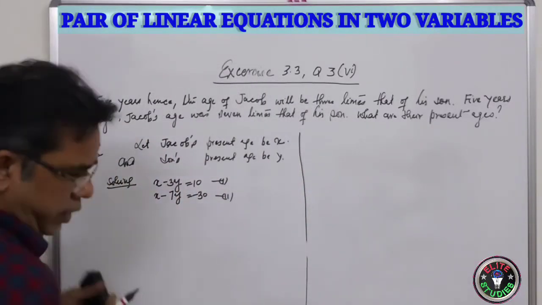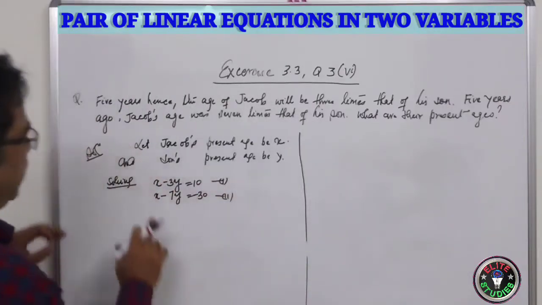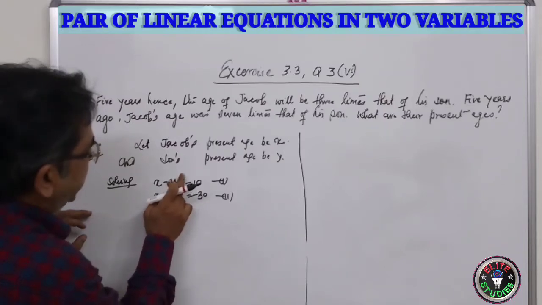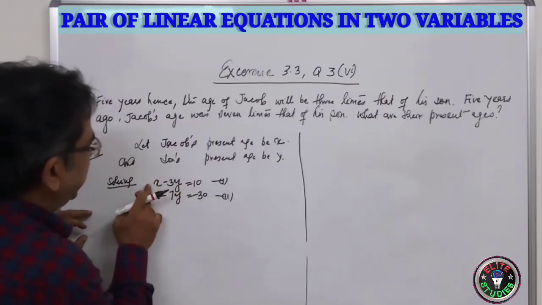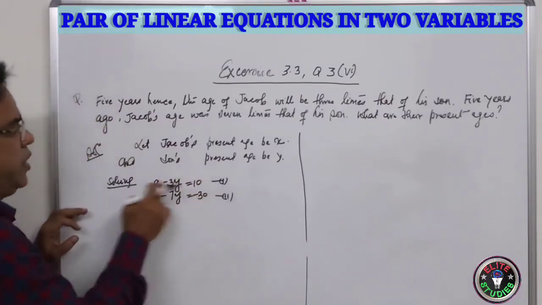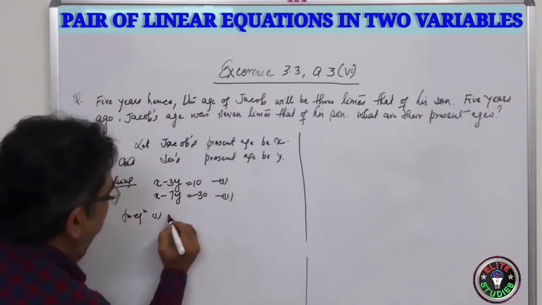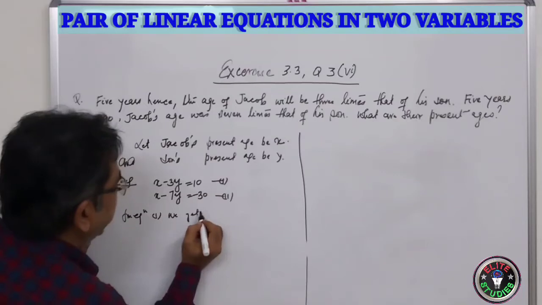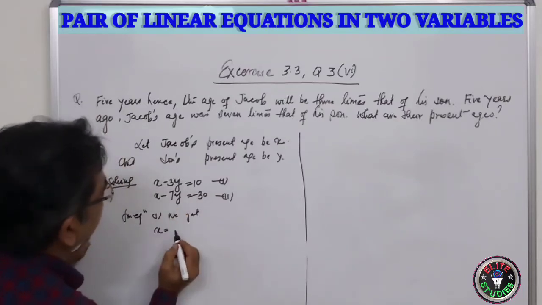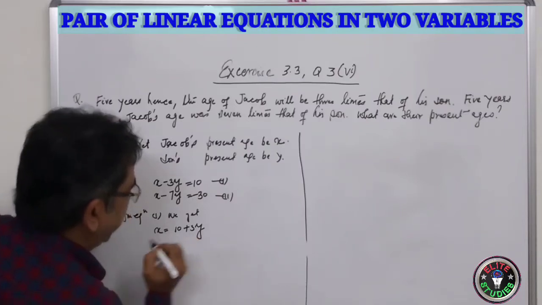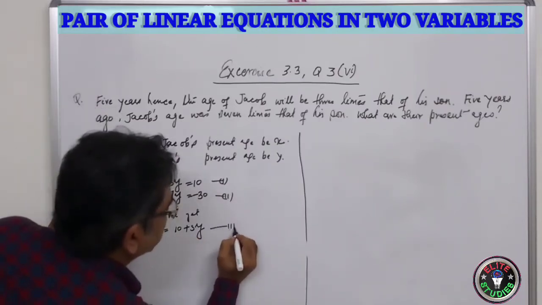What we do? Here, don't try to express y in terms of x. From here you express x in terms of y, which is easy. From equation 1 we get x is equal to 10 plus 3y. Put this as equation 3.